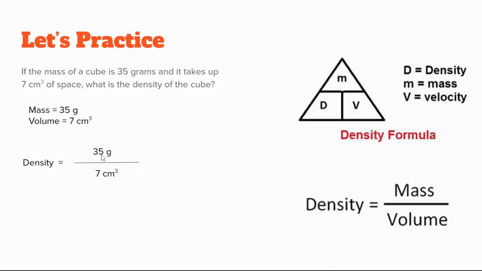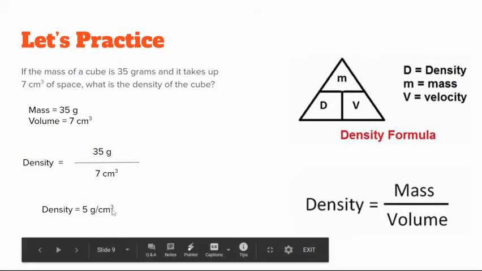So we plug in our calculator, 35 divided by 7, and we get an answer of 5 grams per cubic centimeter. You'll notice that the units are mass per volume, and when you give me a unit that has mass per volume, I know you're talking density. So the units are going to be important when you answer any of these questions.